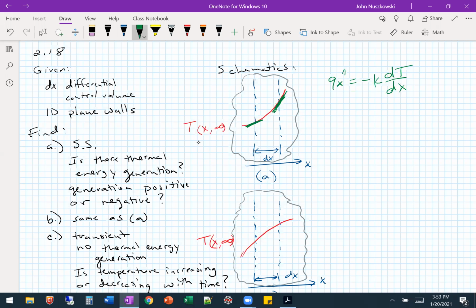So first off, which way is heat flowing through this dx control volume? Is it going from left to right or right to left? Right to left. Yeah, so we have high temperature on the right, low temperature on the left. We know it's flowing in that direction, right? That means this is in and this is out of our control volume.